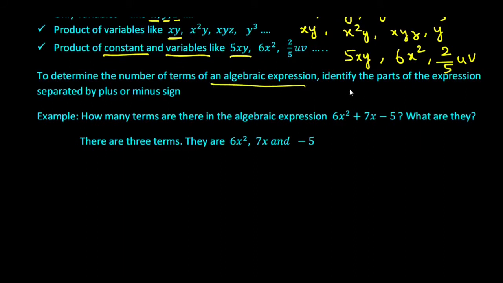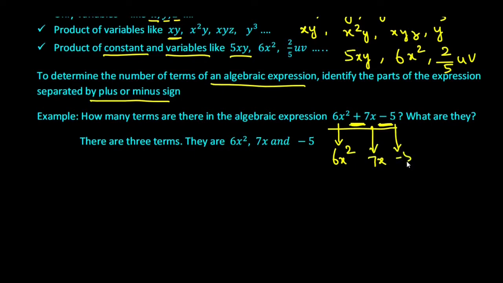So how do we determine how many terms are there in an algebraic expression? We will identify the parts of the expression separated by plus or minus sign. Suppose we have the algebraic expression 6x square plus 7x minus 5. Here the first two terms are separated by plus, and the next two terms are separated by minus. So here we have three terms. 6x square is a term. 7x is a term.